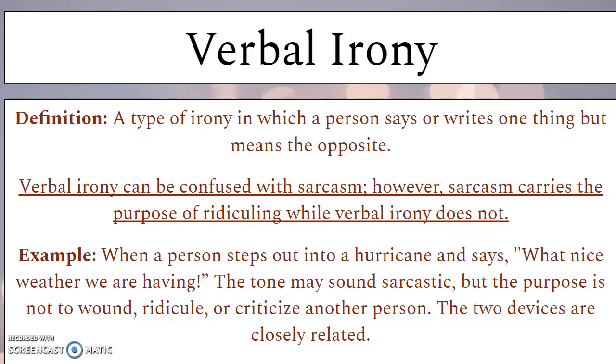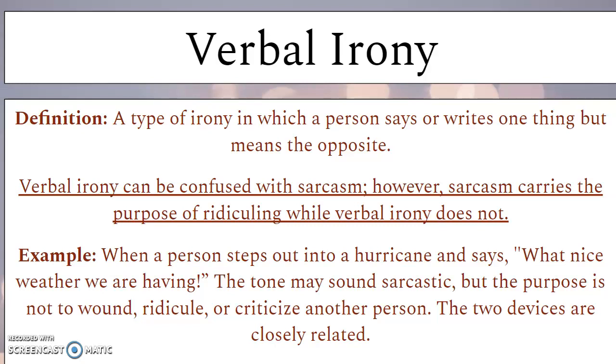When you're being sarcastic, you have the intention of ridiculing somebody or a situation, whereas verbal irony just means the opposite of what the person is actually saying. It doesn't necessarily carry the purpose of ridiculing a situation or somebody.